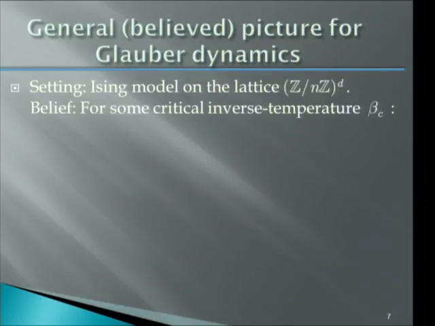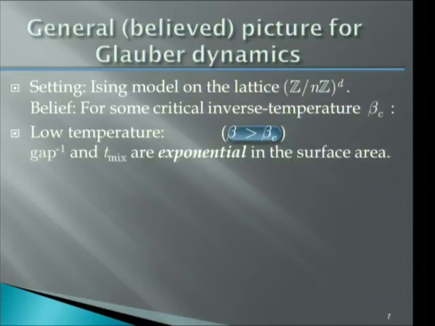If you define it correctly, this is the picture that we believe should occur. And it's not just we. There's a long line of papers in physics describing this picture. So we have 3 regimes. There is some critical inverse temperature, beta_c, according to which there are 3 regimes: the low temperature, the high temperature, and criticality.